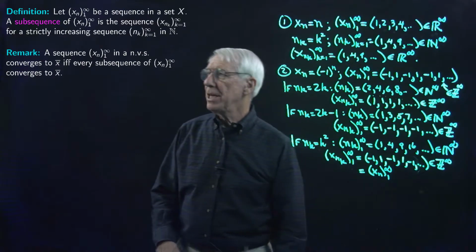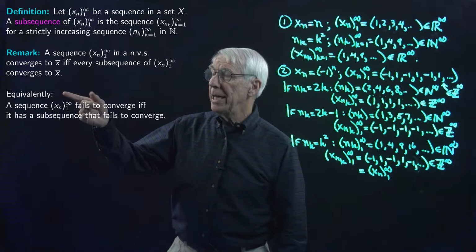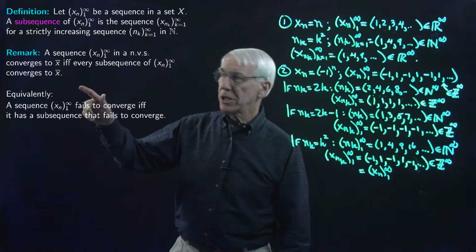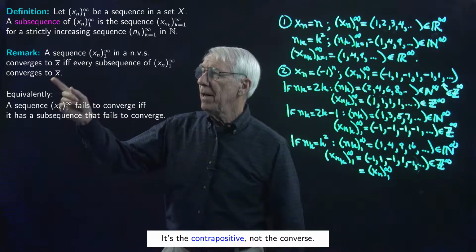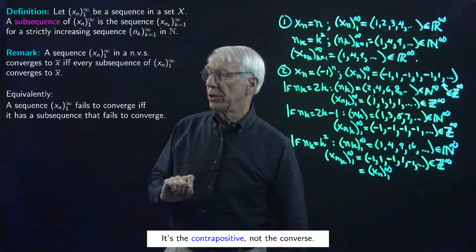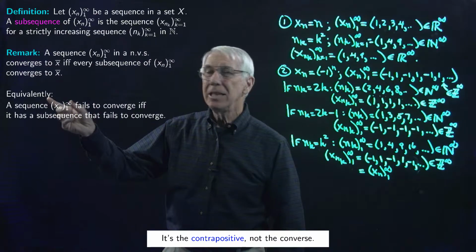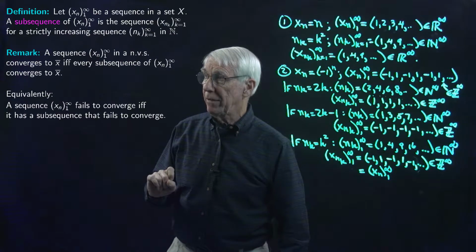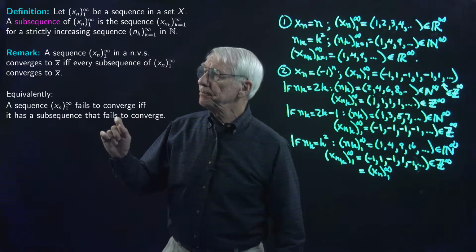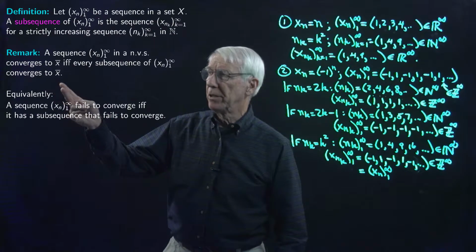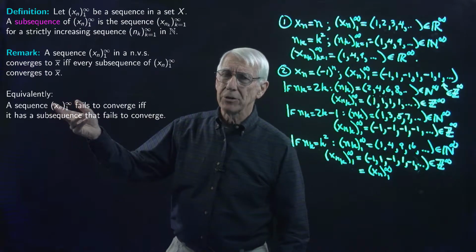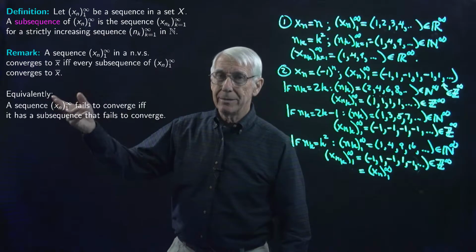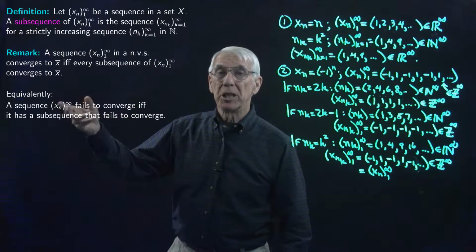Equivalent statement, of course, is to take the converse, which says a sequence will not converge if it has any, even one, subsequence that fails to converge, if and only if. So, of course, if the sequence fails to converge, it has a subsequence that fails to converge because the sequence is a subsequence of itself.